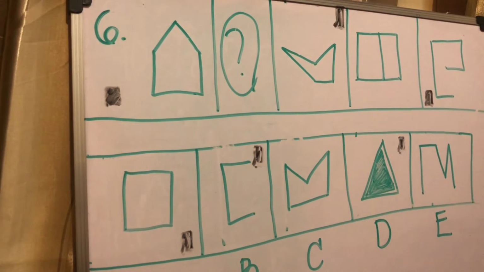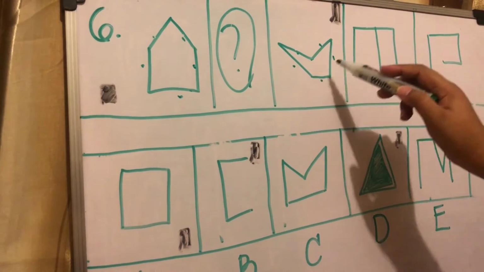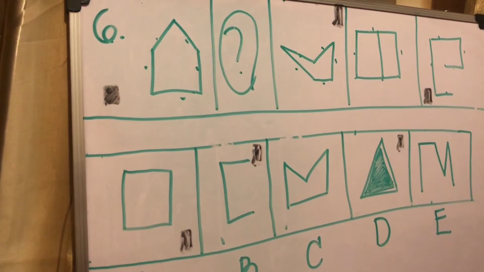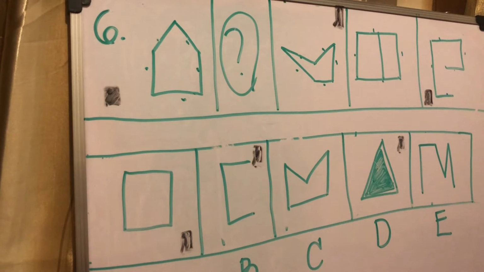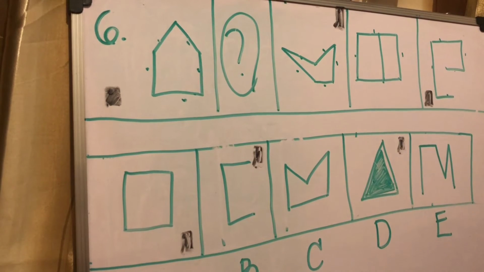So you'll notice that it has 5 sides. 1, 2, 3, 4, 5, 1, 2, 3, 4, 5, and so on. So we are looking for a 5-sided shape that goes there.